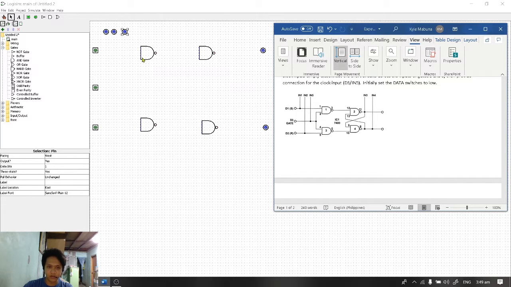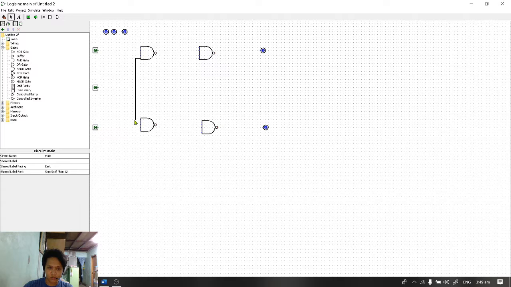So let's start the wiring. So this one is going to connect to this one.